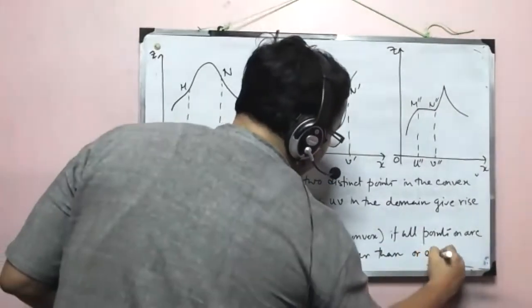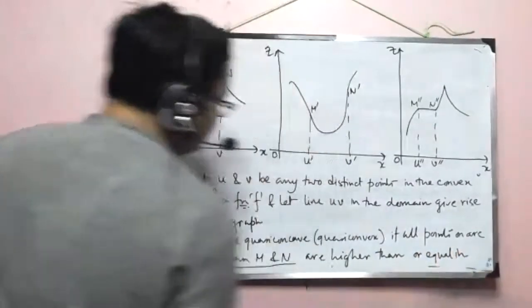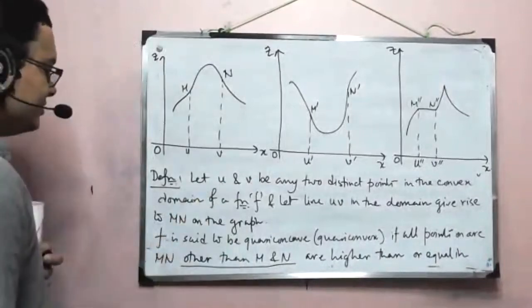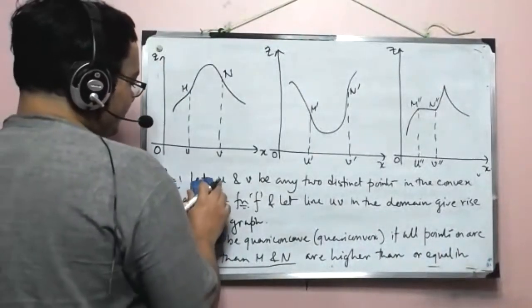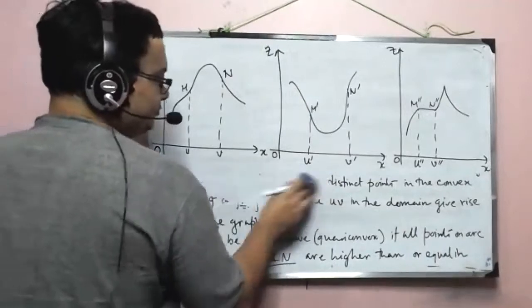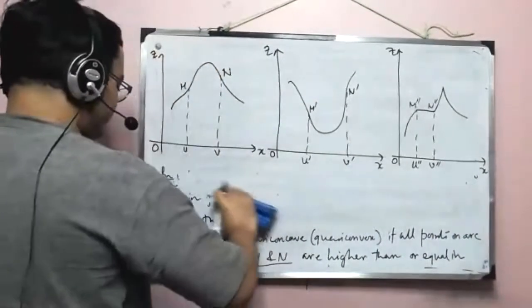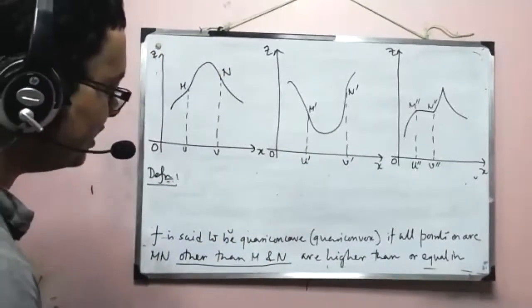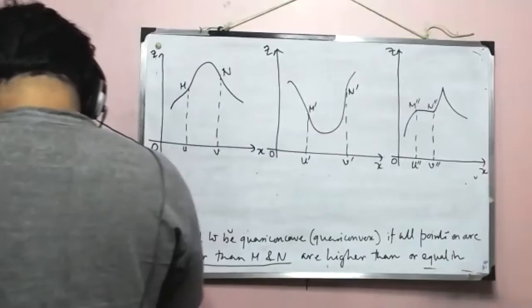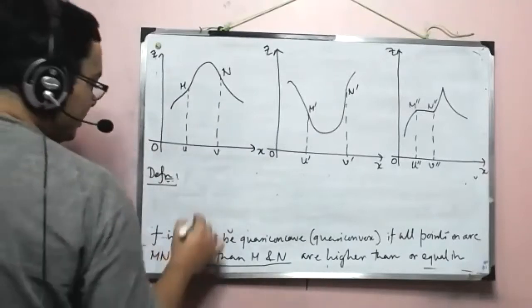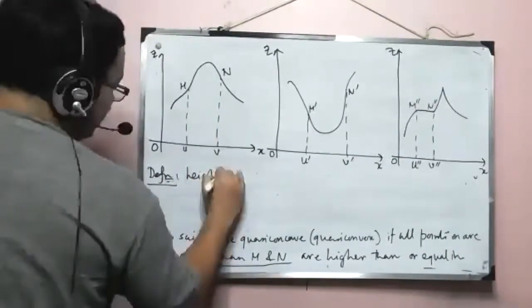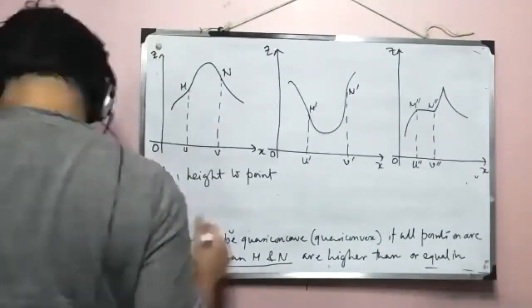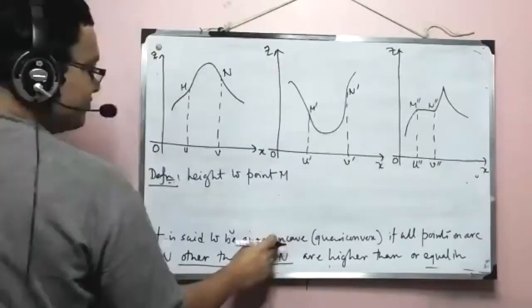So I'm going to erase the first three lines. Higher than or equal in height to point M. Obviously, this goes for quasi-concave.